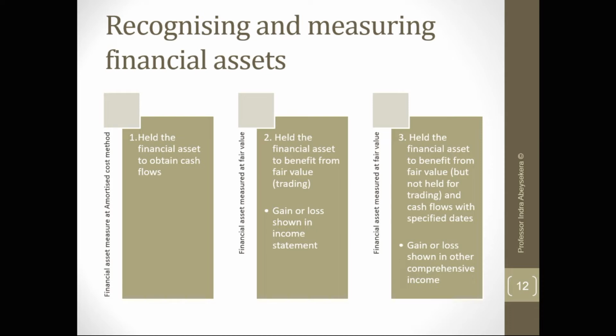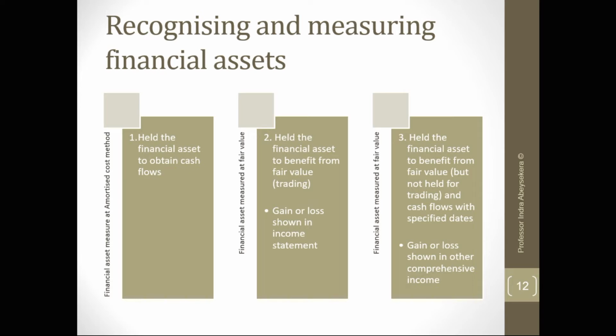So there are three techniques. If the asset is held for cash flows, then we use the amortized cost method. Or if the asset is held for trading purposes, any change in the market value of the asset is recognized as a gain or loss in the income statement.